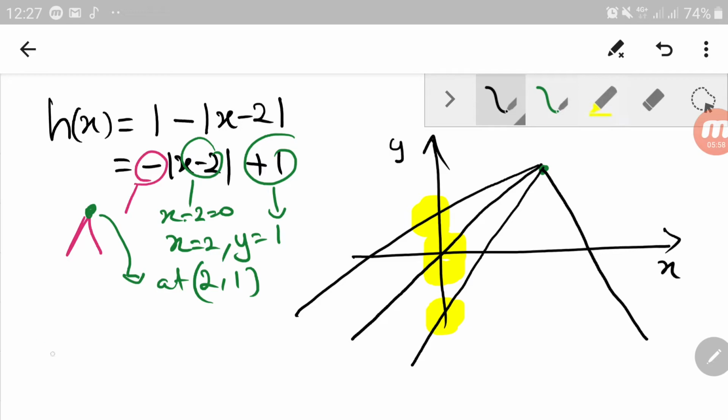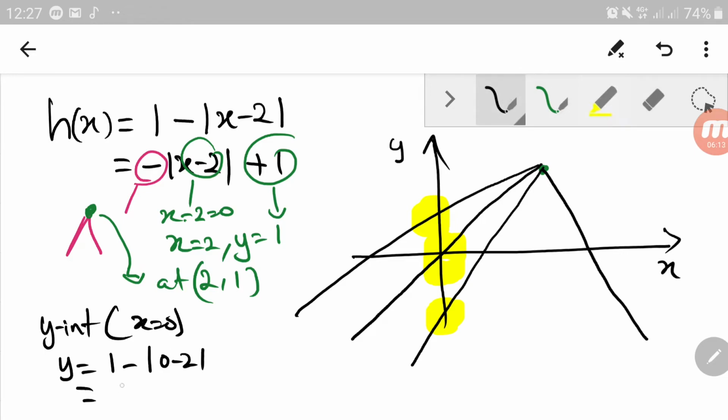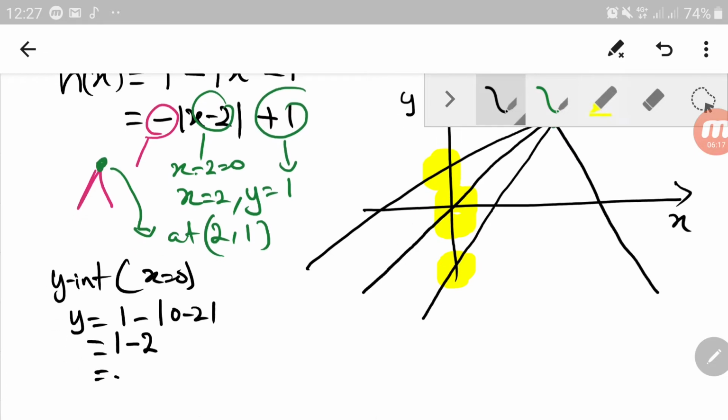Now the y-intercept is when x is 0. So y equals 1 minus the absolute value of 0 minus 2. So 1 minus 2 is minus 1.